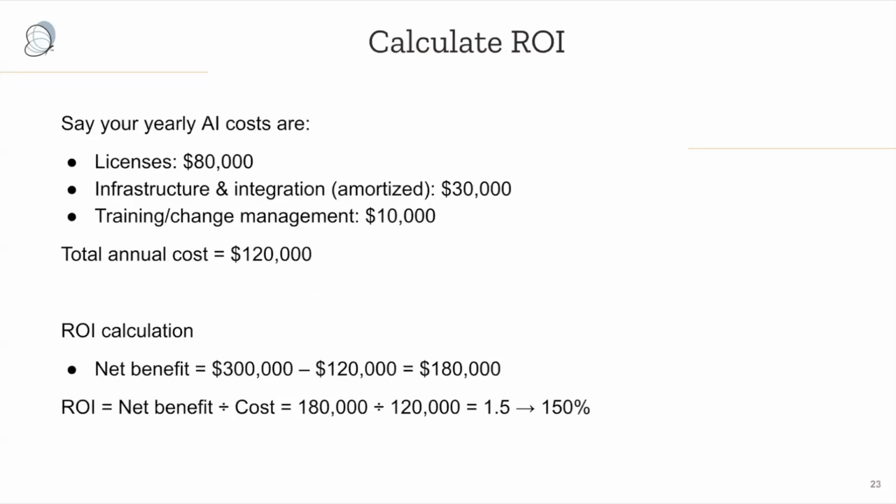But then you've got to go back and look, because these AI systems can be expensive. As I said, I know because I've got subscriptions to two or three of them right now personally. So you do this kind of ROI calculation. We saved 320,000, but we spent 120,000, and so we're saving 180,000.